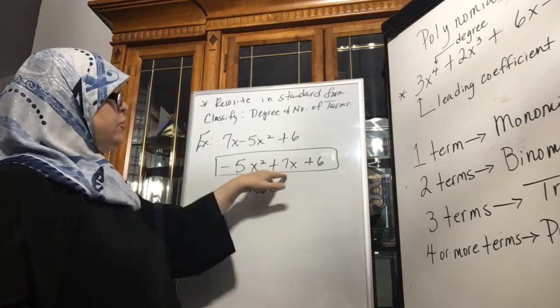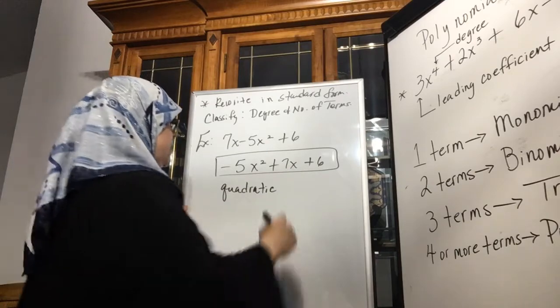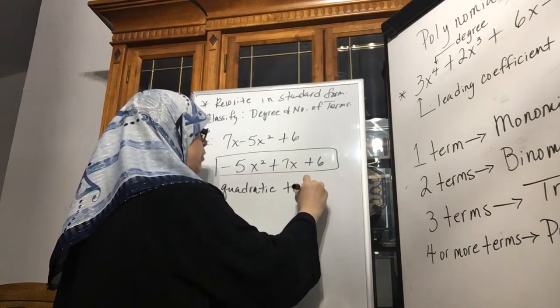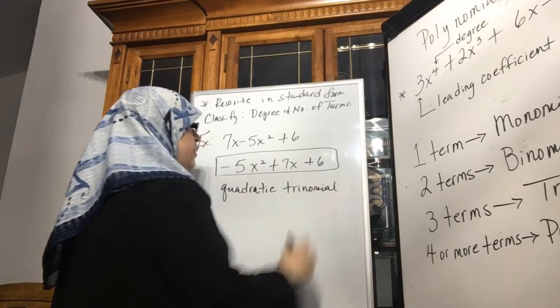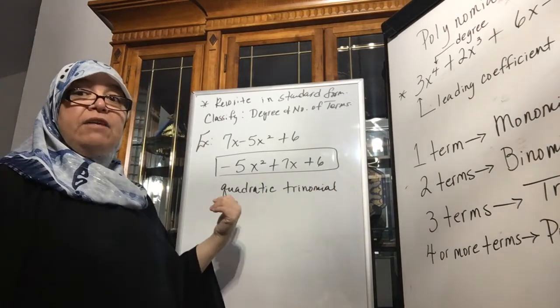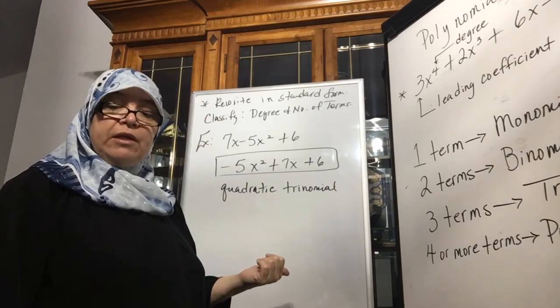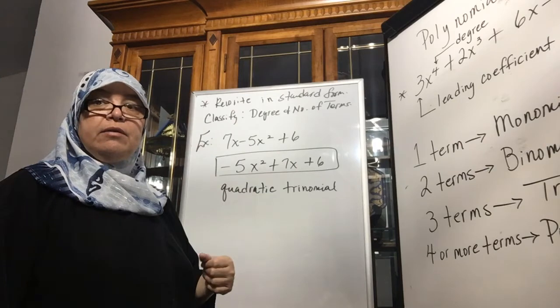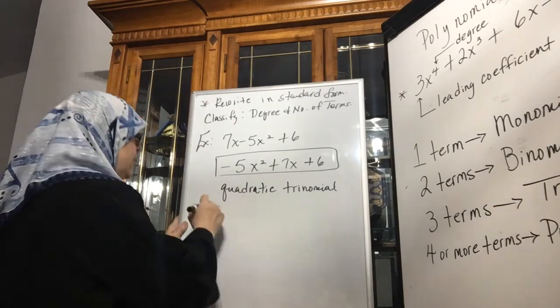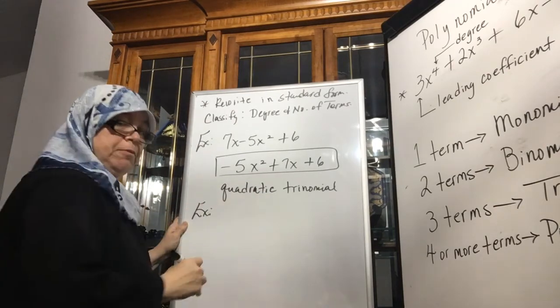Think about it, 1, 2, 3 terms. So this is a quadratic trinomial. All right? And if it would be to the third power, then it would be a cubic term.